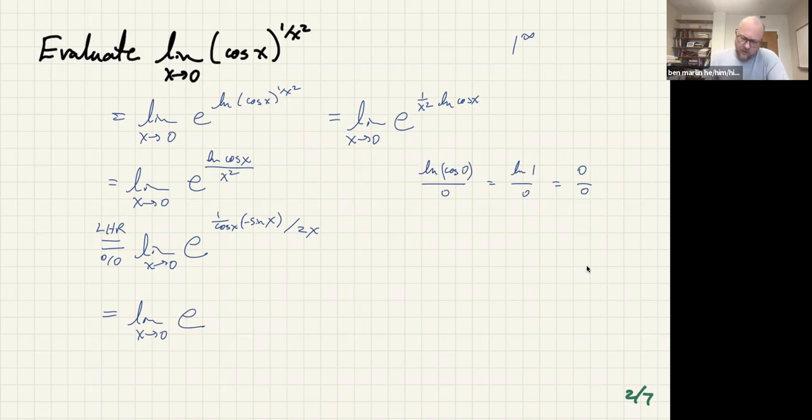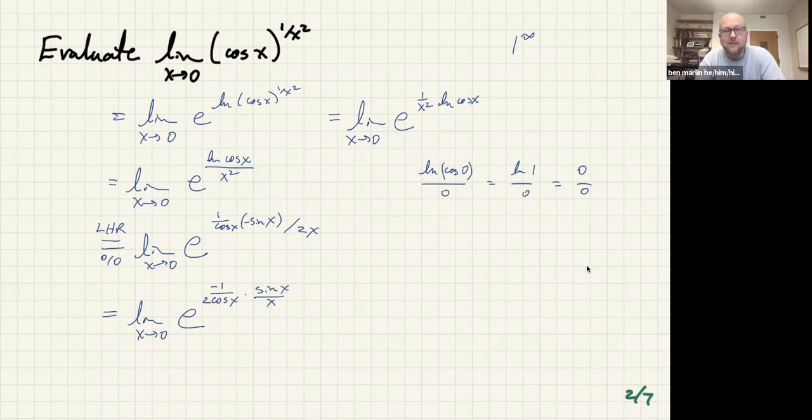So that is really a minus tangent x there, but I'm going to rearrange it slightly differently. I'm going to write minus 1 over 2 cosine x, and then I'm going to write sine x over x. Do you see why? Sine x over x we know goes to 1.